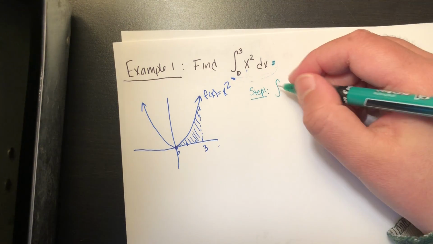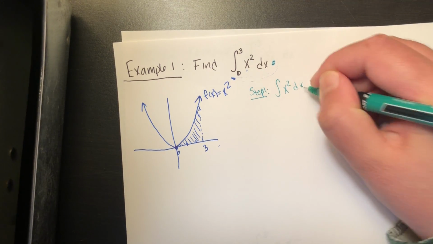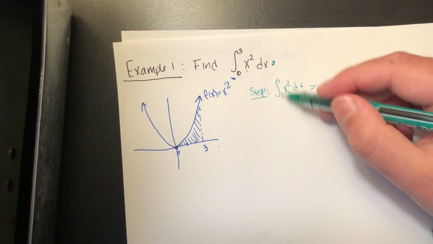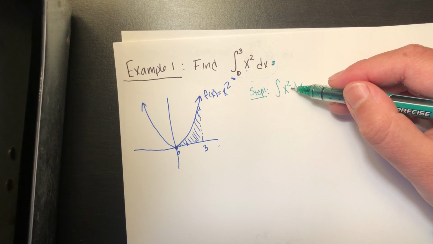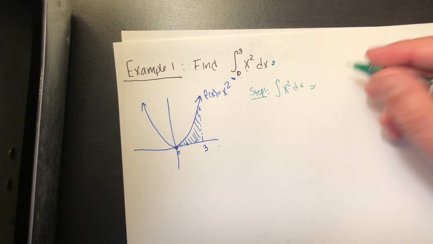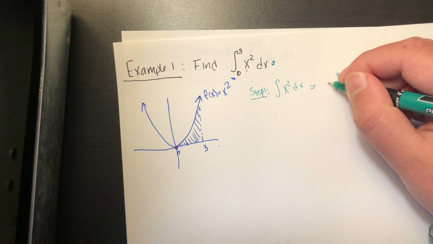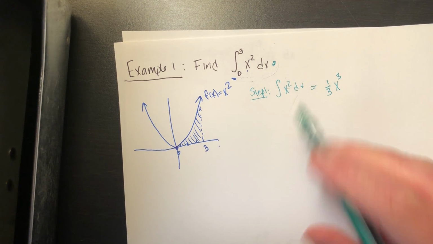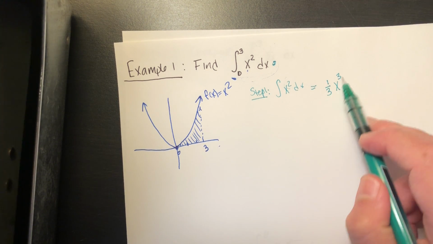Right, so the antiderivative of x squared dx, without bounds, means just find the antiderivative function. And we had learned that to find the general antiderivative using the power rule, you add 1 to the exponent and then multiply by 1 over the new exponent. So the antiderivative of x squared is 1/3 x cubed.